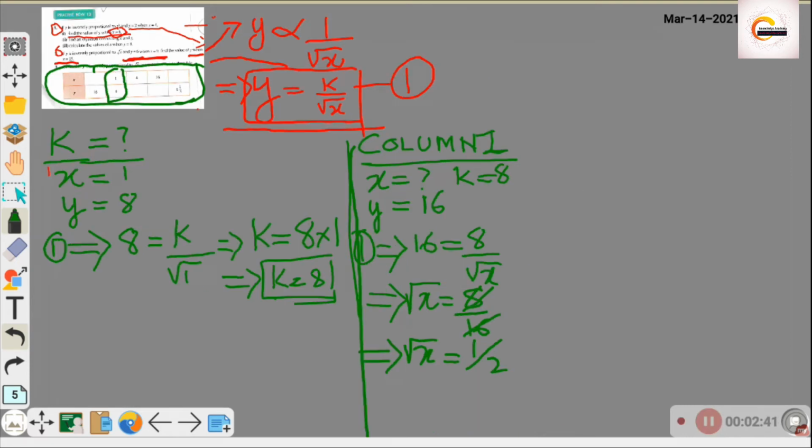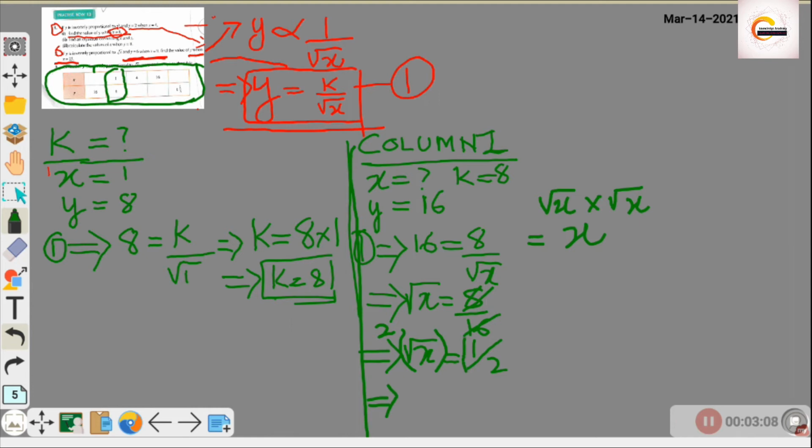But we must know the value of x, not under root x. What will we do? We know that if we square this, then under root x multiplied by under root x is equal to x, right? So if we square this side, we will get the value of x, but we cannot just do the squaring on one side.